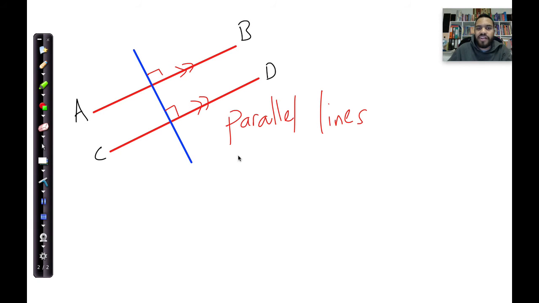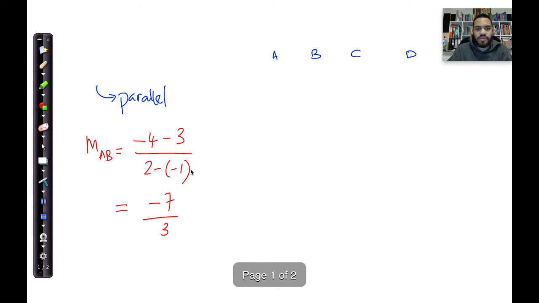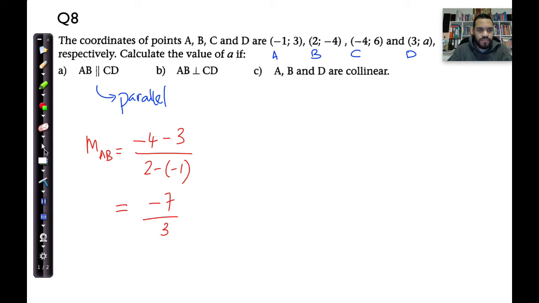Now if they are parallel, they have a property. The gradient of AB is equal to the gradient of CD. That's gradients are equivalent. So if I know the gradient of AB, then the gradient of CD must be equal to the gradient of AB if the lines are parallel. So I'm going to say m_AB is equal to m_CD, and that is equal to -7 over 3.